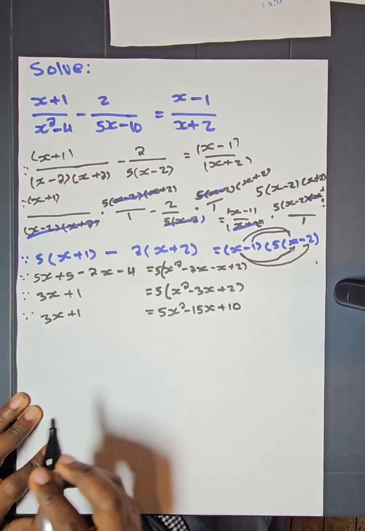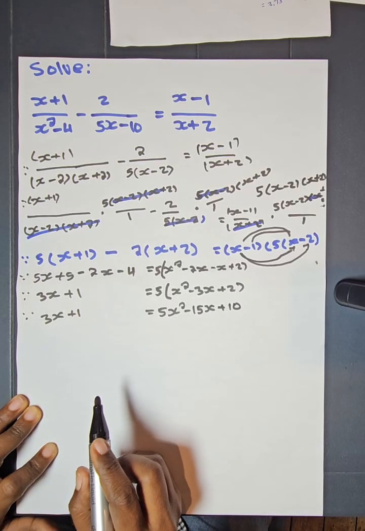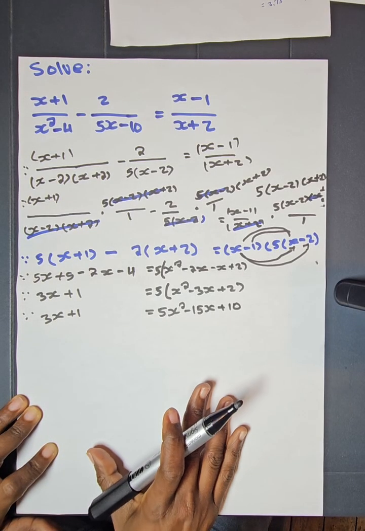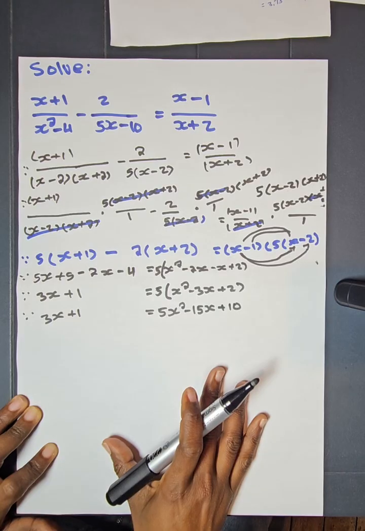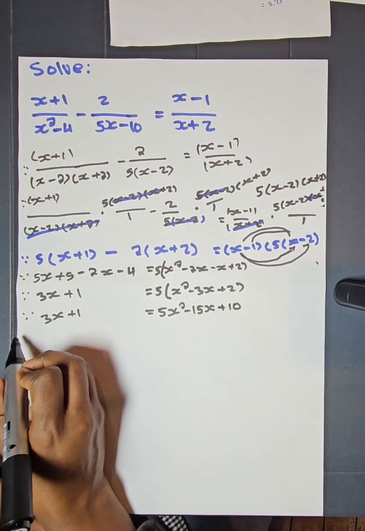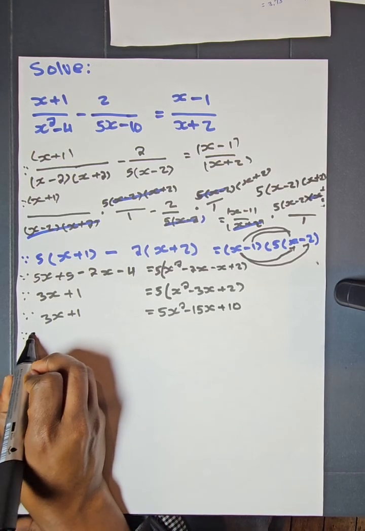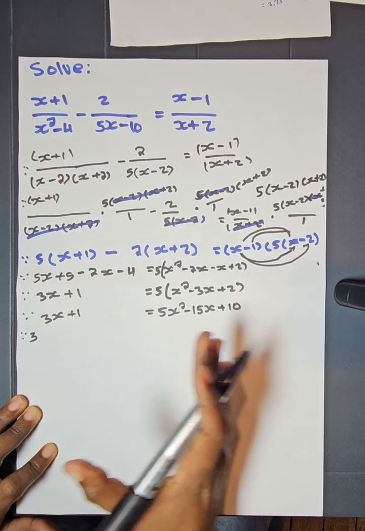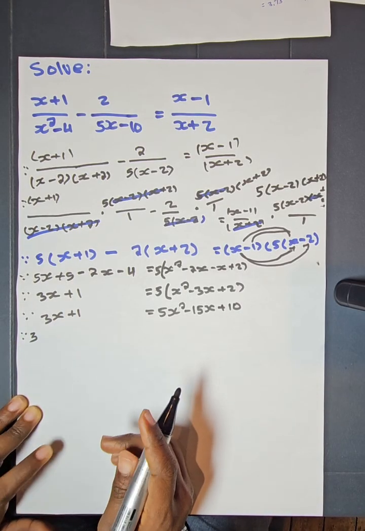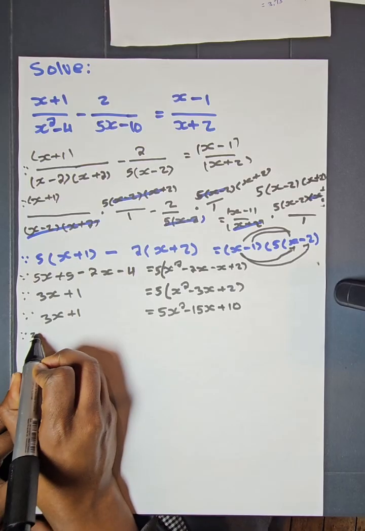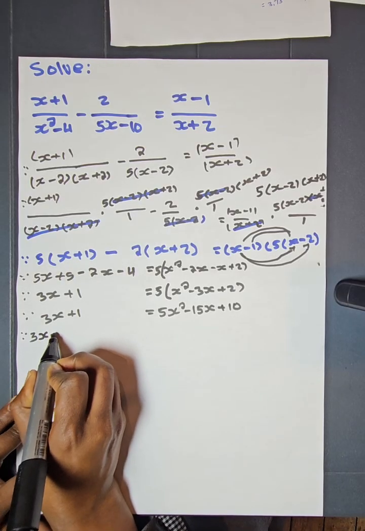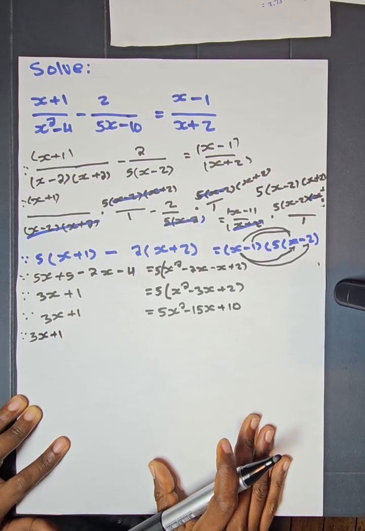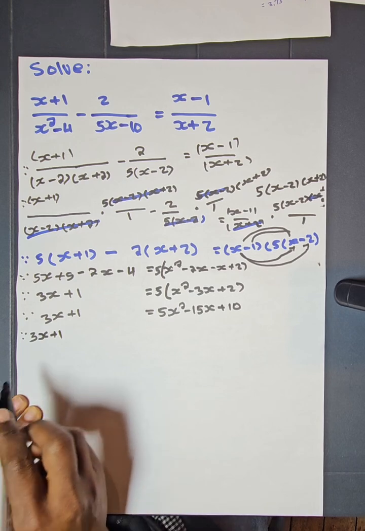Now what we need is to make all the terms equal to 0. We're going to therefore need to bring the right hand side to the left hand side. How are we going to do that? We are going to subtract the whole expression from both sides.